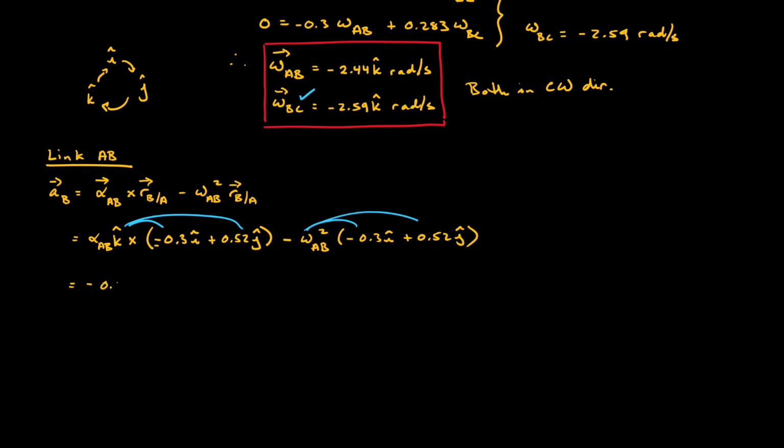So we have negative 0.52 alpha AB in the i direction. And then k crossed with i is j, and so we have a negative 0.3 alpha AB in the j direction. Plus 0.3 omega AB squared in the i direction minus 0.52 omega AB squared in the j direction.